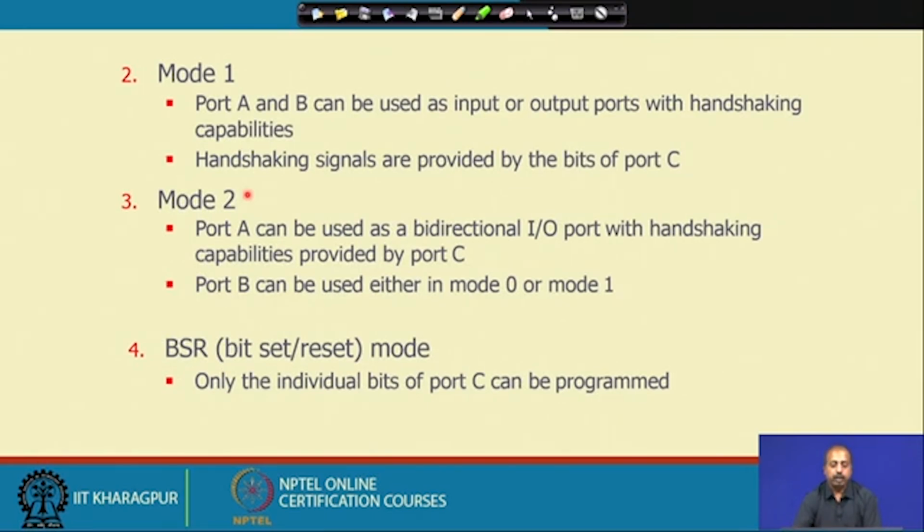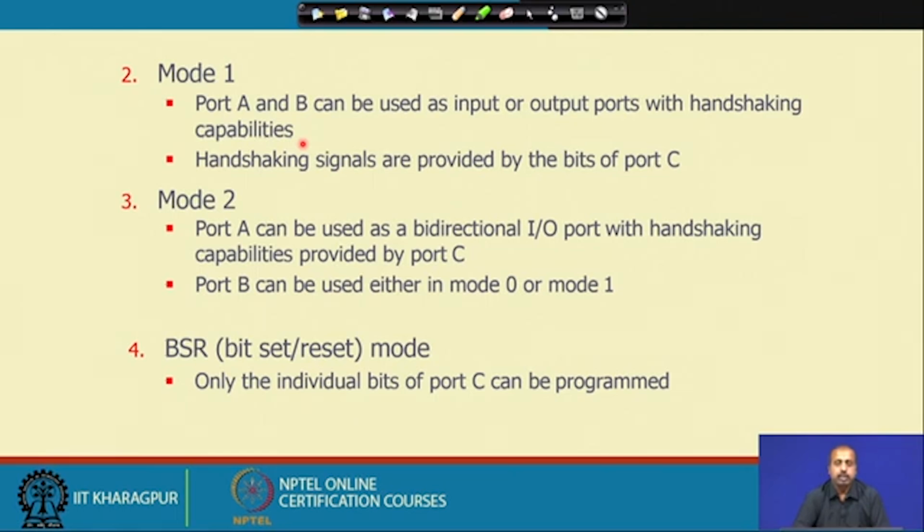Then we have mode 1. In mode 1, port A and B can be used as input or output with handshaking capabilities, and these handshake signals will be provided by bits of port C. Handshaking capability means you can put the data onto the data bus from a master device to a slave device, then when the data is put, the strobe signal is given, then the receiver receives that value and puts out an acknowledgement.